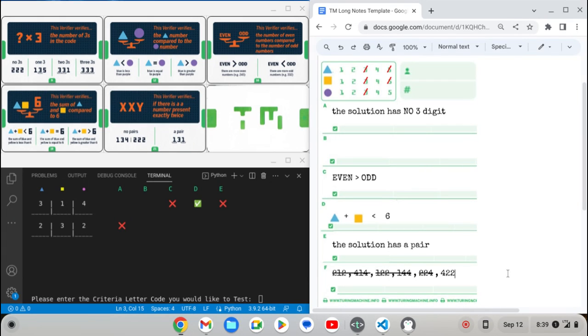We dismissed triangle and circle being equal. We've listed a lot of candidates where triangle is smaller than circle. But I think this is the first one where triangle is larger than circle. It can't be 2, 1, 1, but 4, 2, 2 does work out.